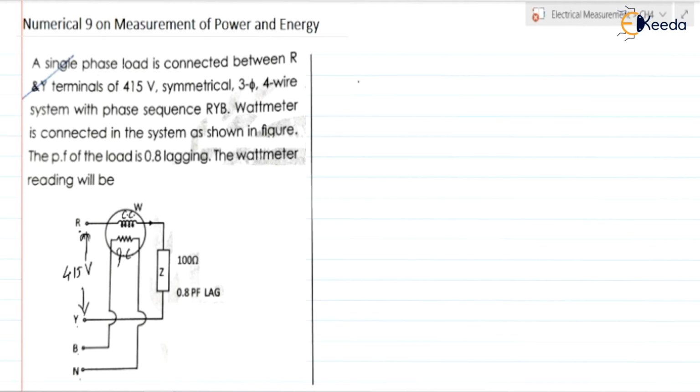Okay, so let us note first of all given data. Line voltage is 415 volt, right? Power factor is equal to 0.8 lagging, and our task is to find wattmeter reading.